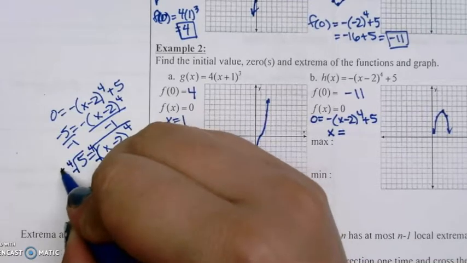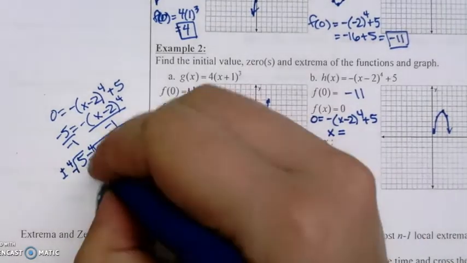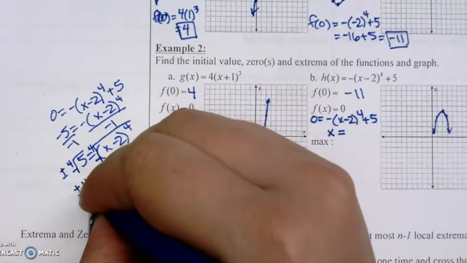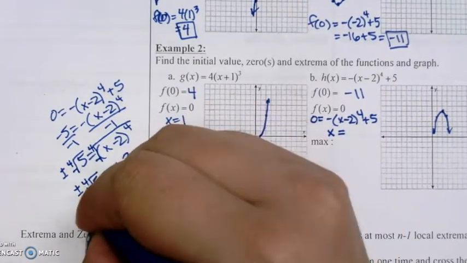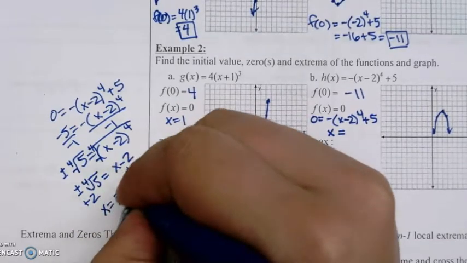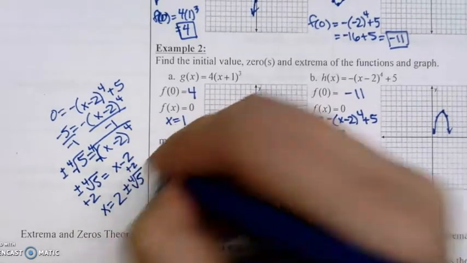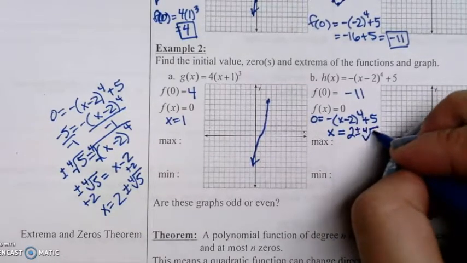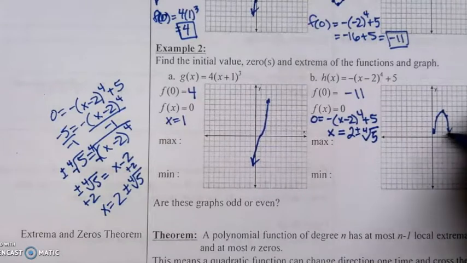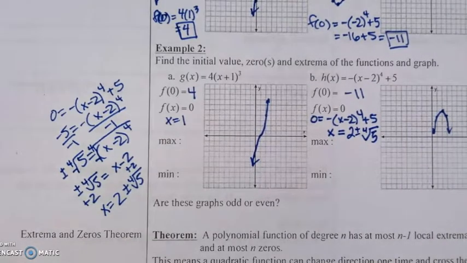Anytime I take an even root, I need the plus or minus. So I have plus or minus the fourth root of 5 equals x minus 2, plus 2 on both sides. X equals 2 plus or minus the fourth root of 5. Notice we should have two roots here because our graph intersects the x-axis twice.